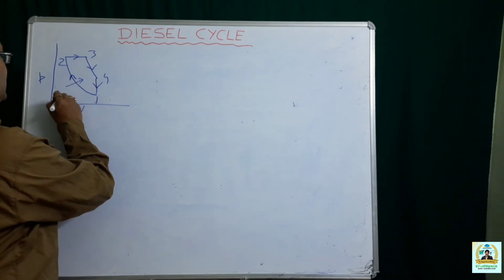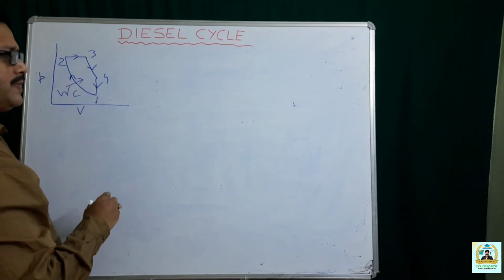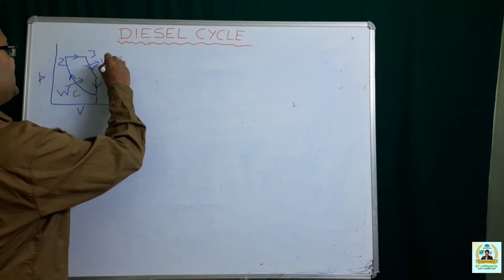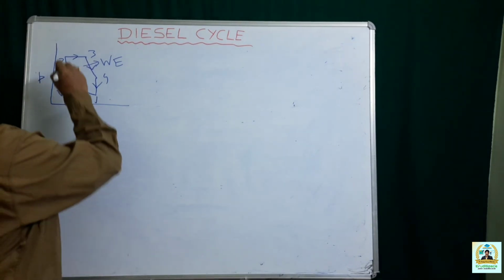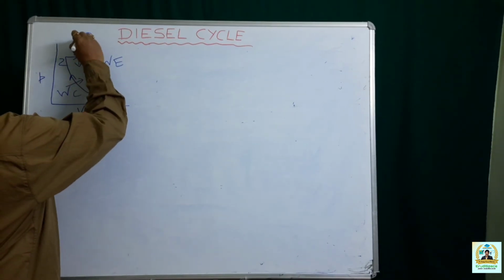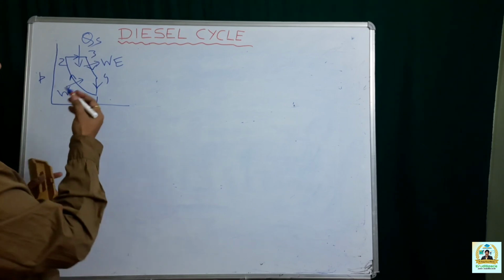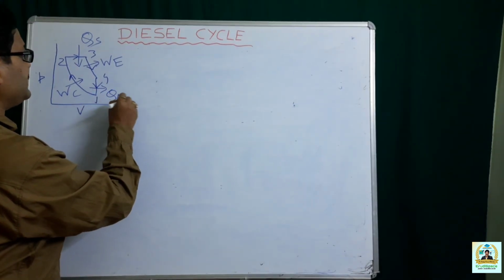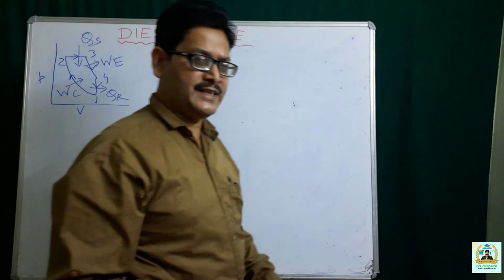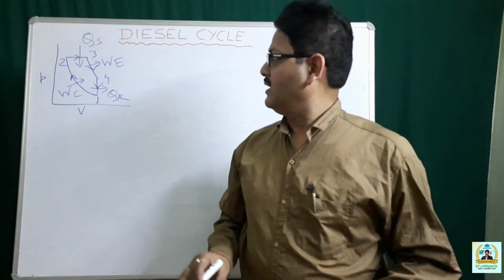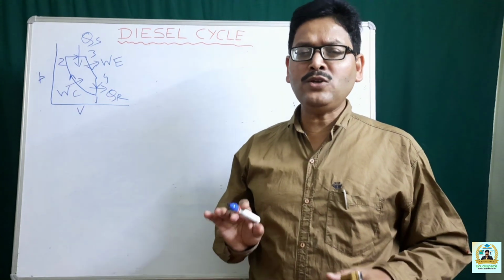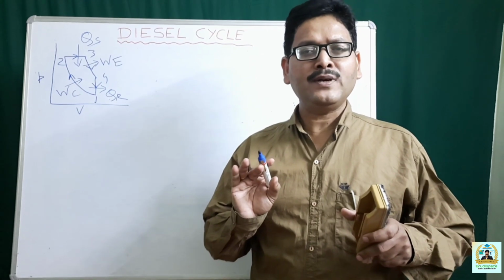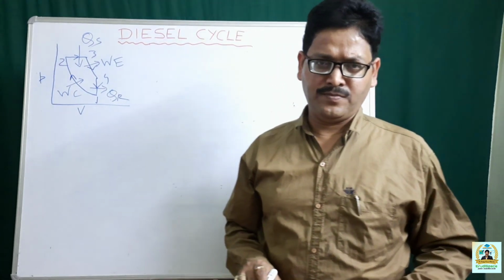So this is the work done in compressing the substance. This is the work that we get during the expansion, and this is QS, which is the heat that is supplied to the system, and QR is the heat that is rejected. Now, in the Diesel cycle, we do have 3 ratios.